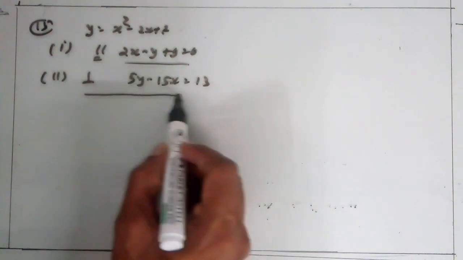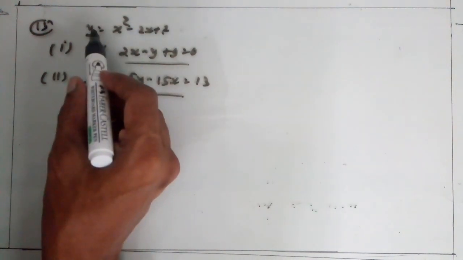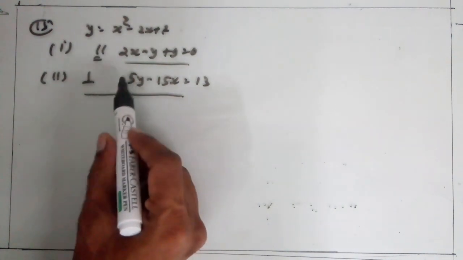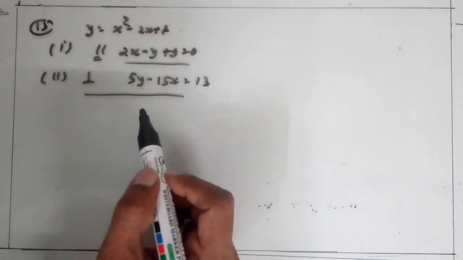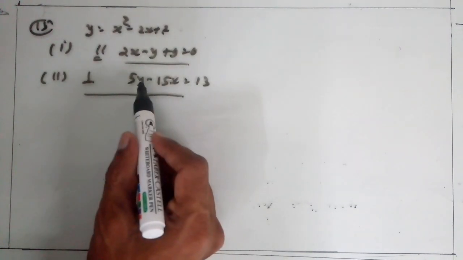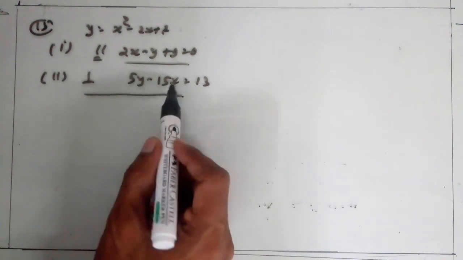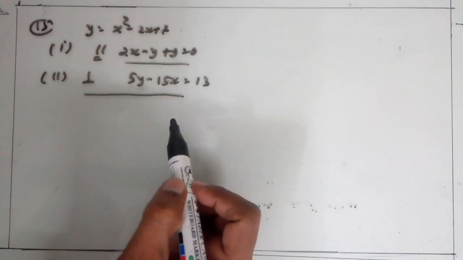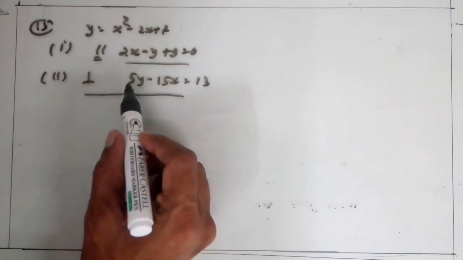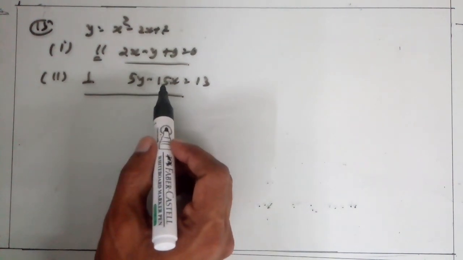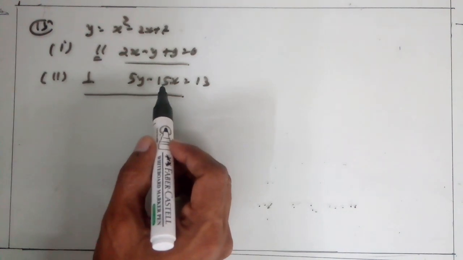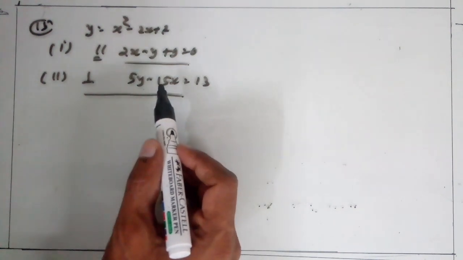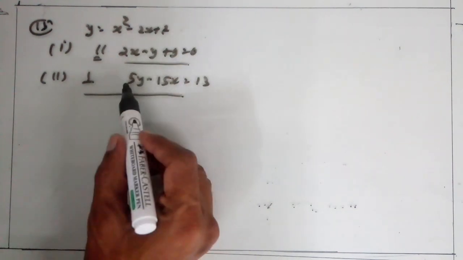And in a second, slope is a reciprocal additive inverse of a given line, because tangent is perpendicular to given line. 5y minus 15x is equal to 13. So first we get a slope of this line. You know how to get first derivative. Using first derivative also we get a slope, or minus a upon b.